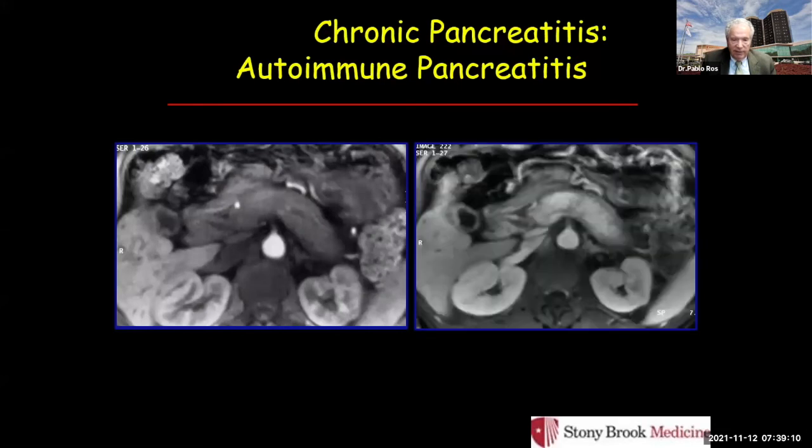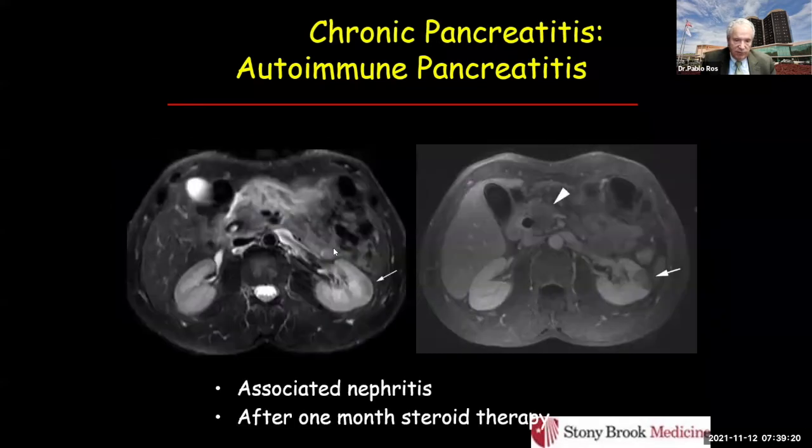This is after administration of gadolinium and it enhances in this case, but you see again the halo sign and the foreshortening of the pancreas, classic of autoimmune pancreatitis. There may be associated nephritis, and again, it reduces or becomes better after a month of steroid therapy.